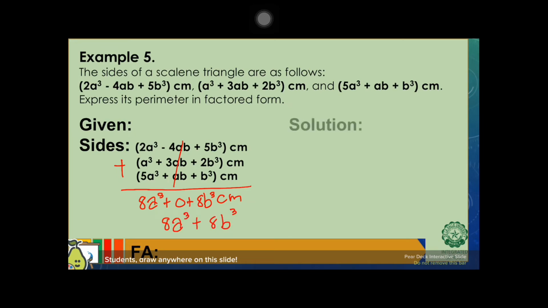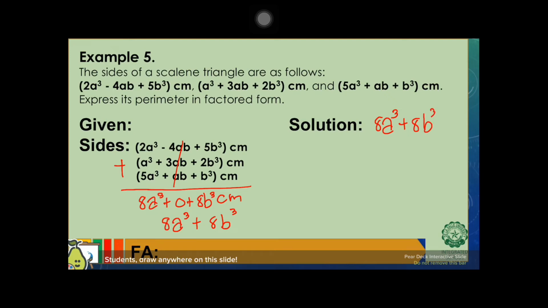So for our solution, we will be focusing on our perimeter, which is again 8a cubed plus 8b cubed. So we need to express that perimeter in factored form. Our given again is our perimeter is 8a cubed plus 8b cubed.